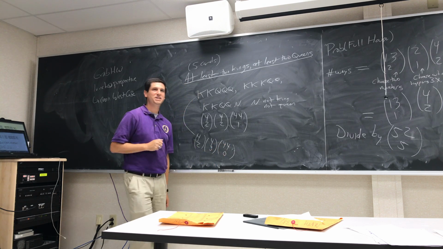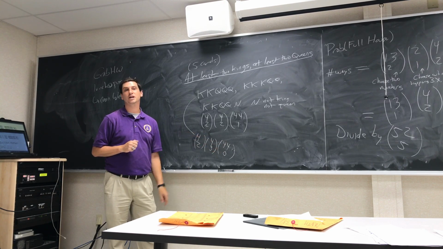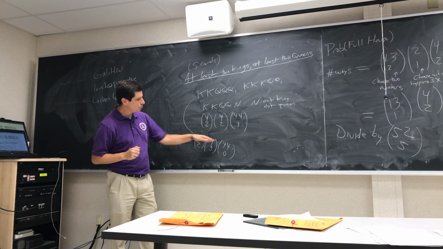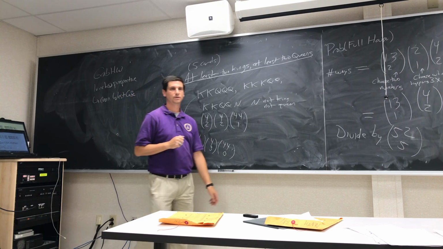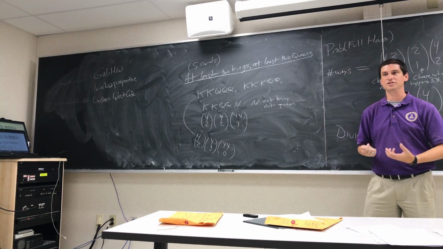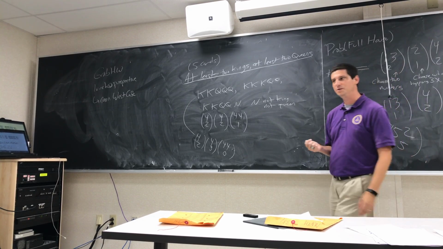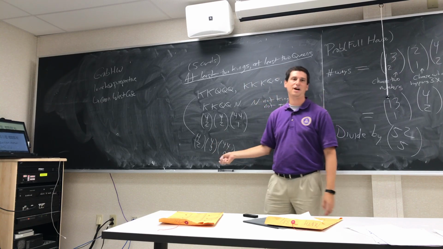To be exceptionally pedantic, I choose 2 of the 4 kings, I choose 3 of the 4 queens, and I choose no remaining cards. And now the tops will add up to 52. So again, whenever you can formalize things and have a recipe that minimizes your chance of making a mistake, it's good to do that in the beginning. When you get really comfortable and confident, you don't want to keep writing in factors of 1.